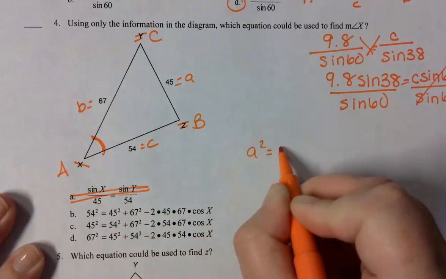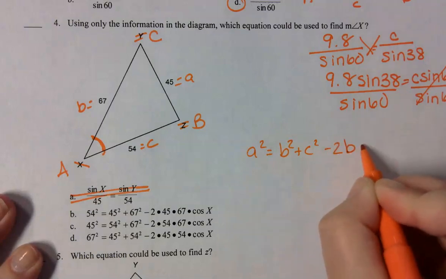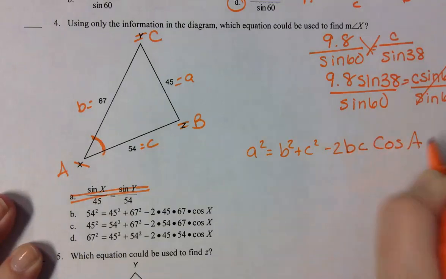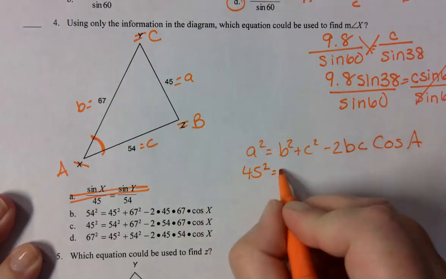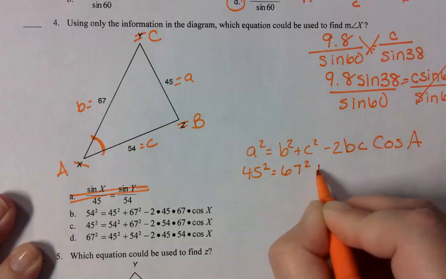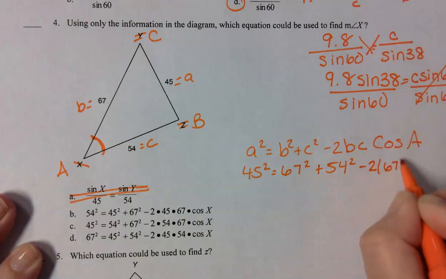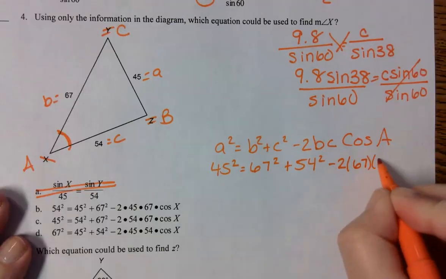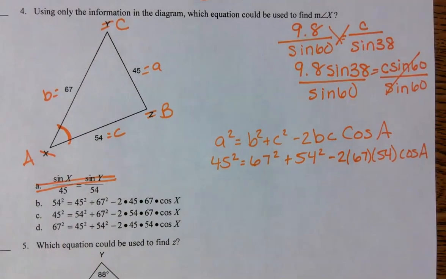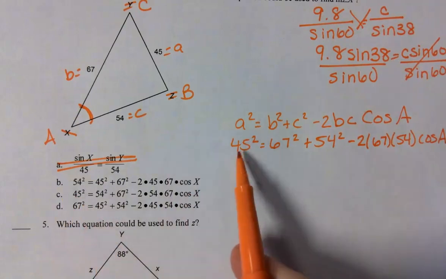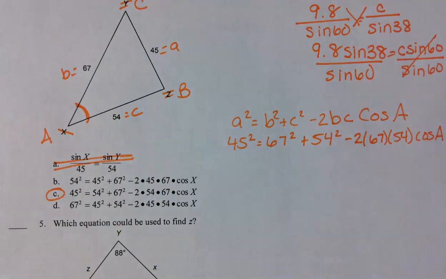So this one, B squared plus C squared minus 2BC cosine A. So A squared is 45 squared. 67 squared plus 54 squared minus 2 times 67 times 54 cosine A. And this one's quite nice. If we just look here, I start off with 45 squared. C is the only one with 45 squared, and we're done.